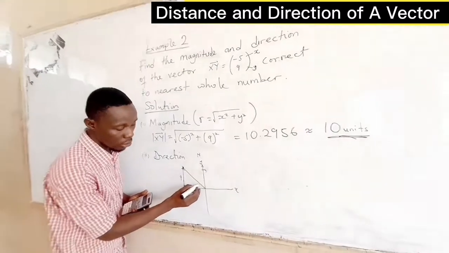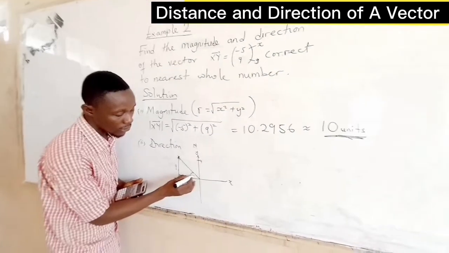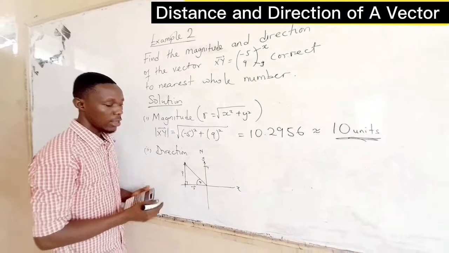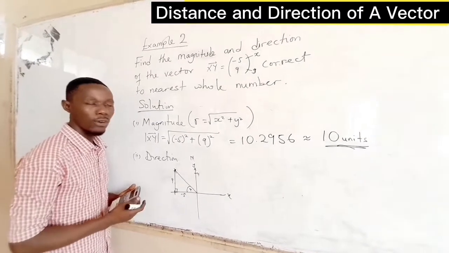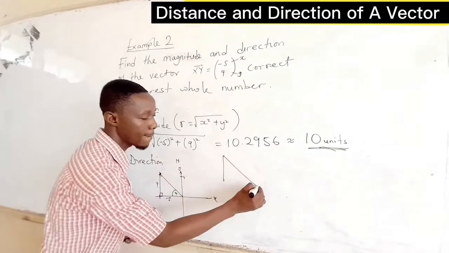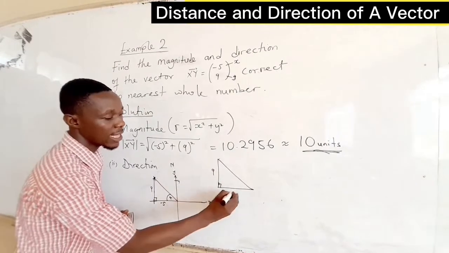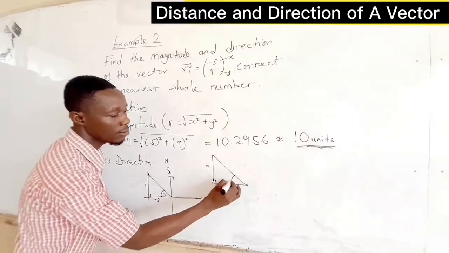We need the angle which is here, angle alpha. Let's redraw this one for more understanding. When we draw it, it becomes something like this. Where here is 9 and here is -5.